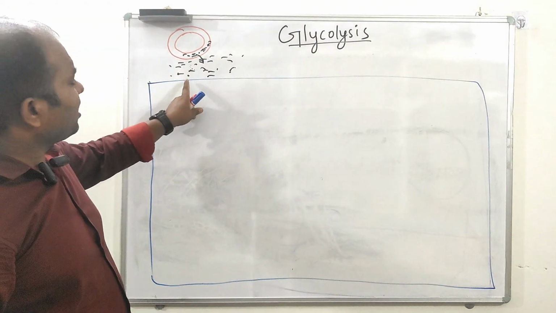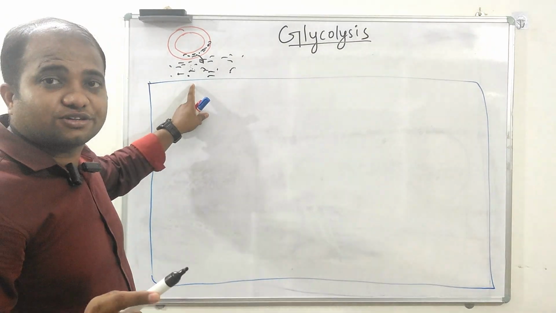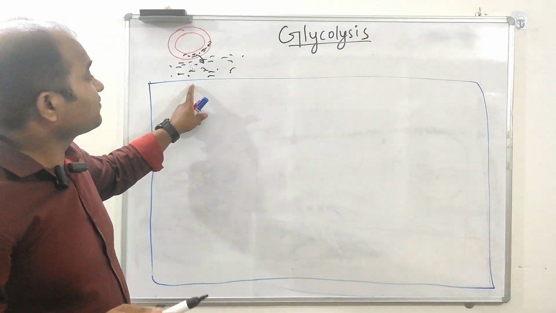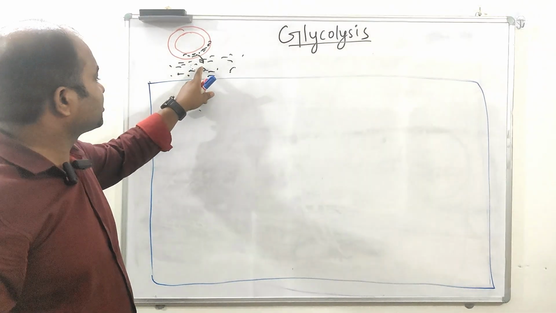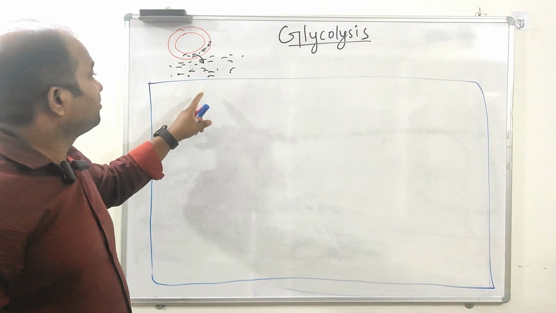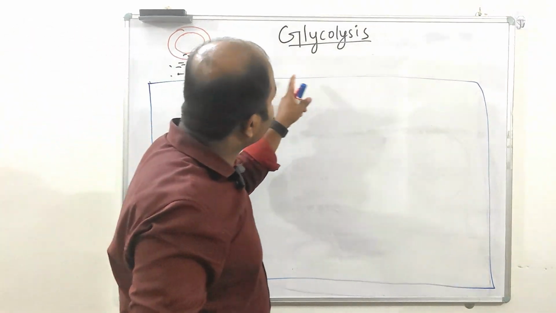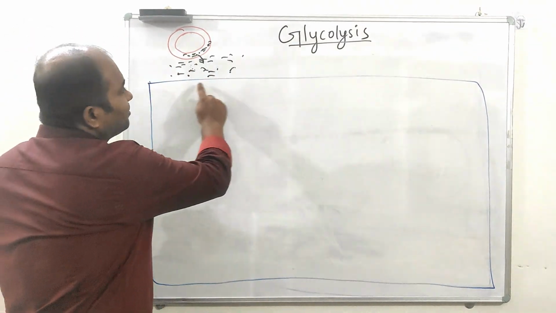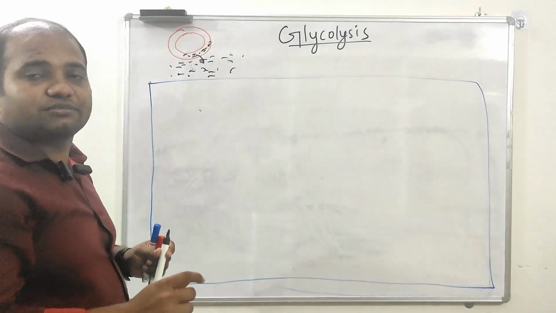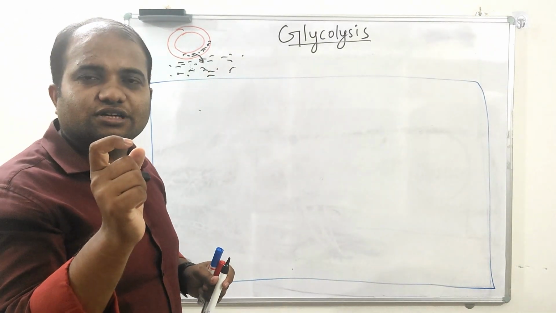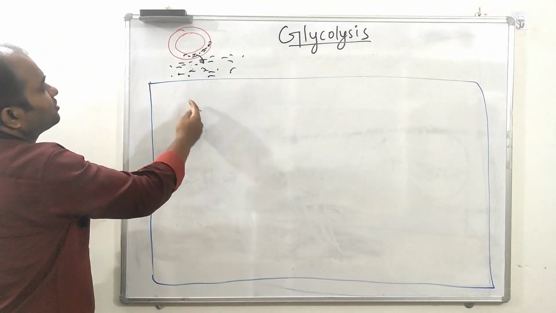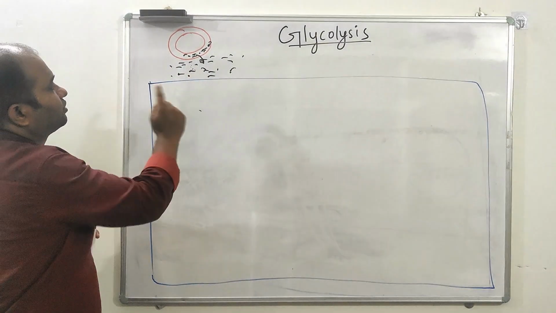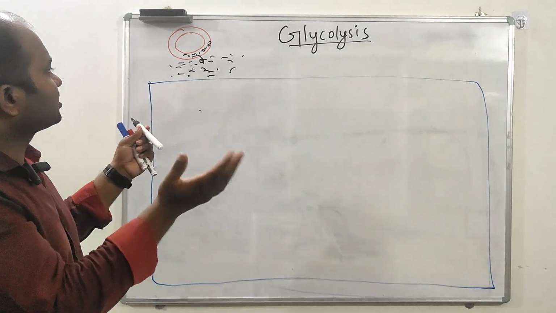And there are different types of transporters which help glucose move from extracellular to intracellular, because the cell membrane is not permeable to glucose, because the size of the glucose is larger. That means it cannot pass through the cell membrane. So we need a special type of transporter.